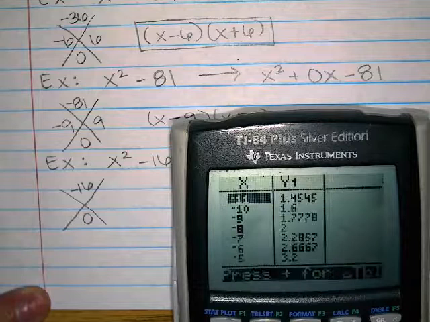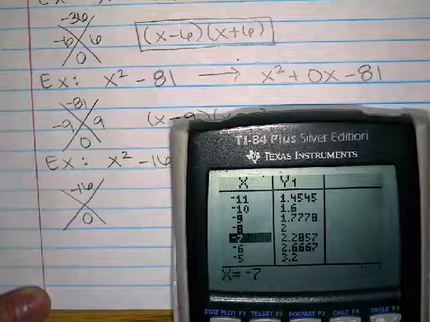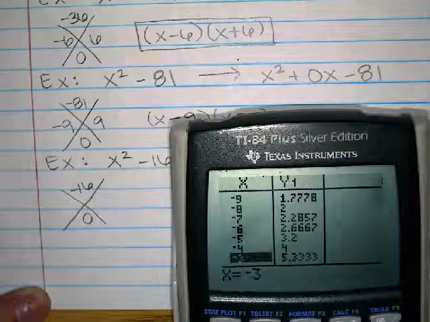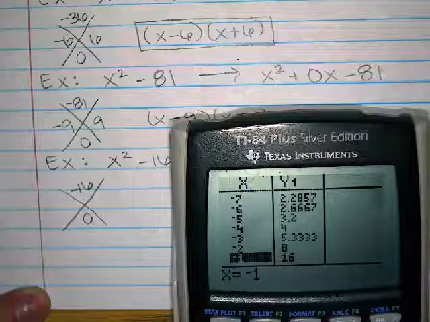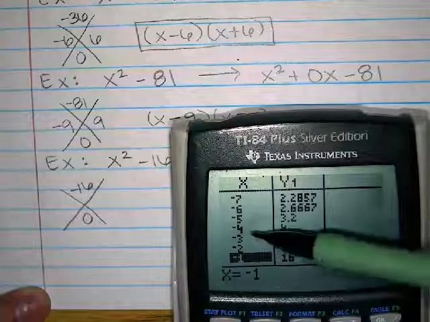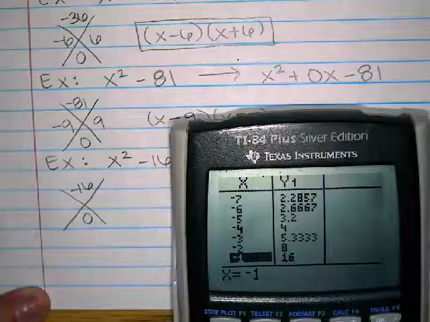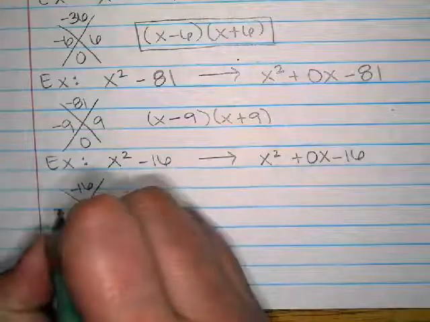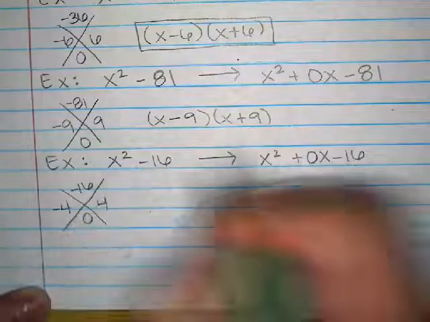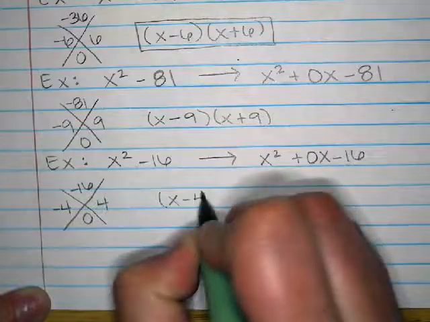Two numbers that multiply to negative 16 are negative 4 and positive 4. So x minus 4, x plus 4.